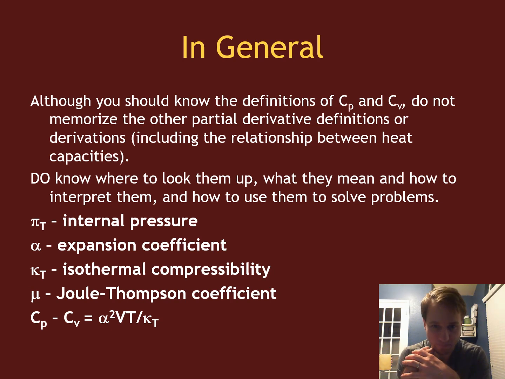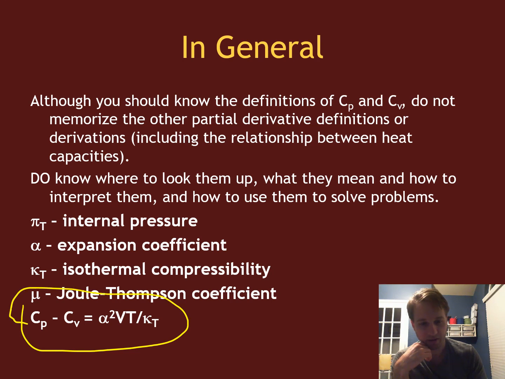But you don't need to rederive these relationships, or even necessarily remember how we did this. You need to be comfortable using this relationship between CP and CV, and to understand what these different terms are: internal pressure, expansion coefficient, isothermal compressibility, and Joule-Thomson coefficient. That's going to be it for this video. It's kind of a long one compared to some of the other ones.